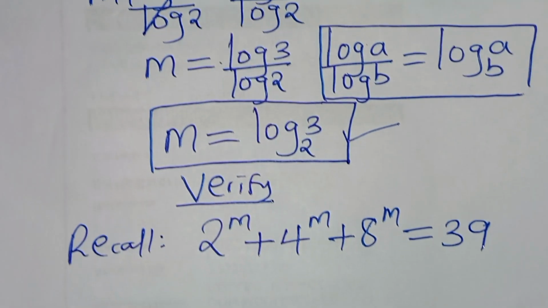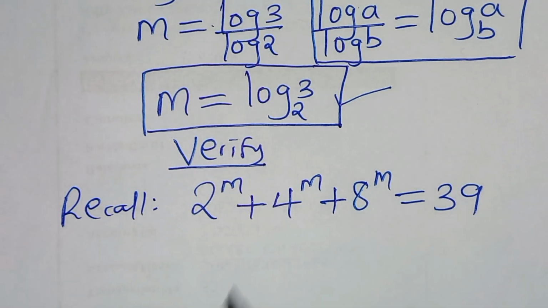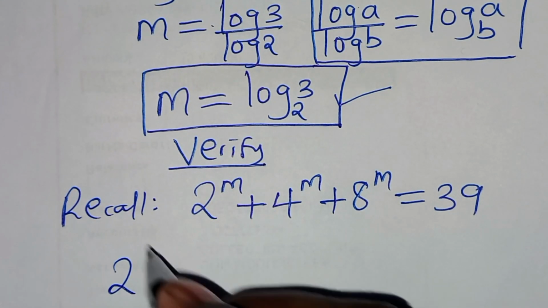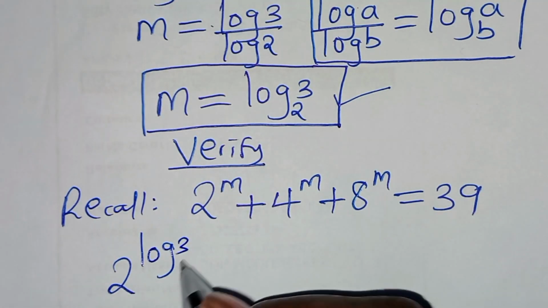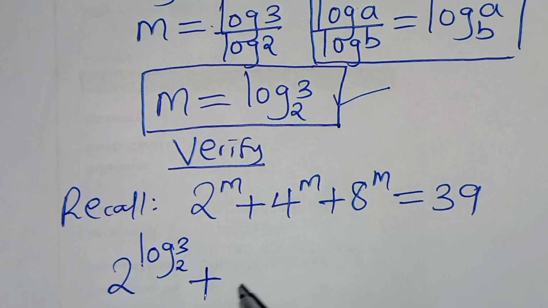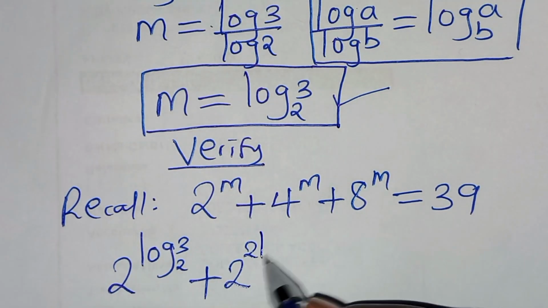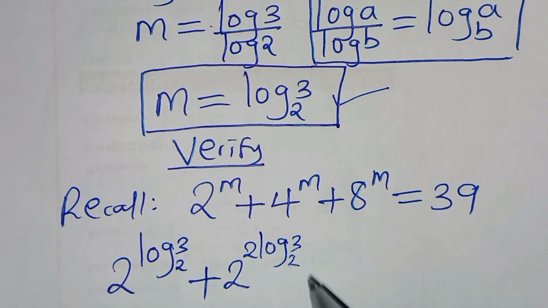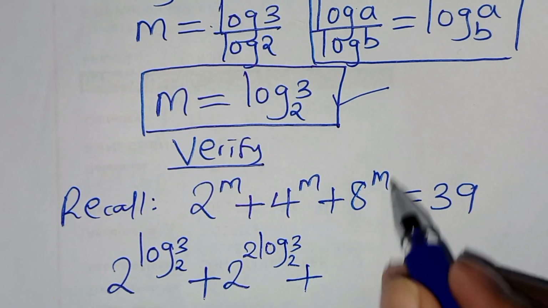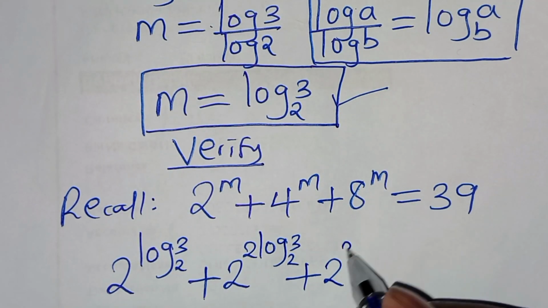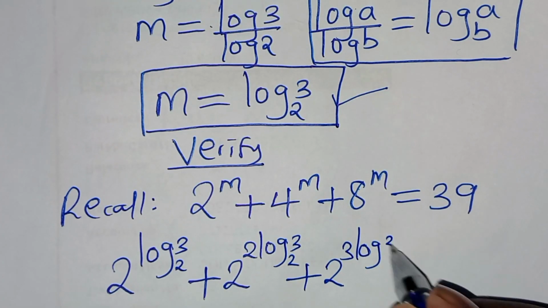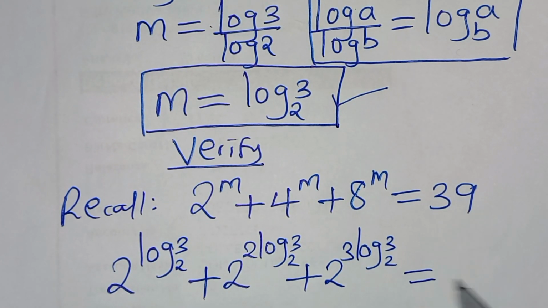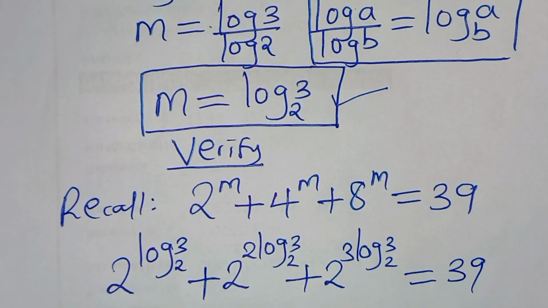Let's substitute the value of m. So we have 2 to power log 3 to base 2, then plus 4 to power m, we can express this as 2 to power 2 log 3 to base 2, then plus 8 to power m, which is 2 to power 3 log 3 to base 2. This is supposed to give us a value of 39.